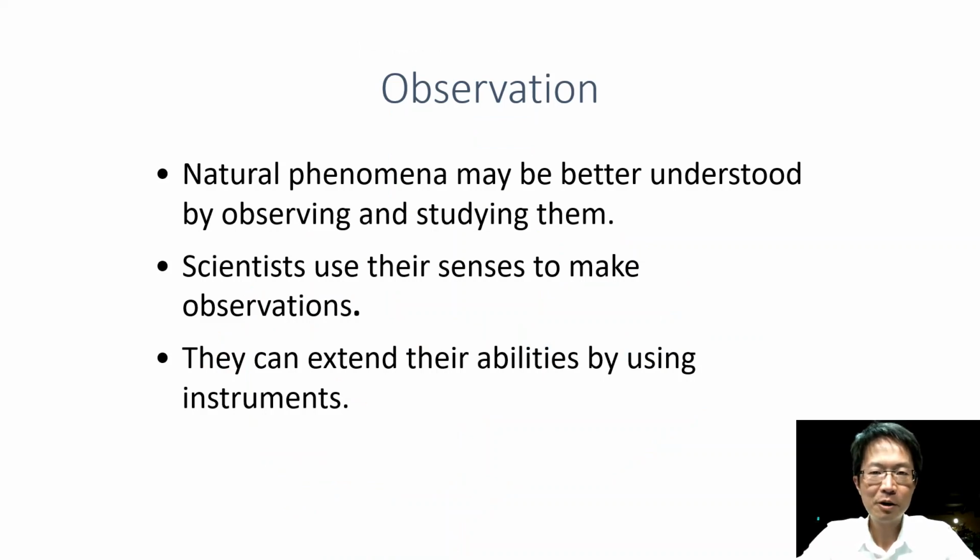So let's talk about observation. What is observation? Observation is not just, okay, you can see it, then it is observation. No, it's not just that you can see things. Scientists can use instruments to help them make observations.